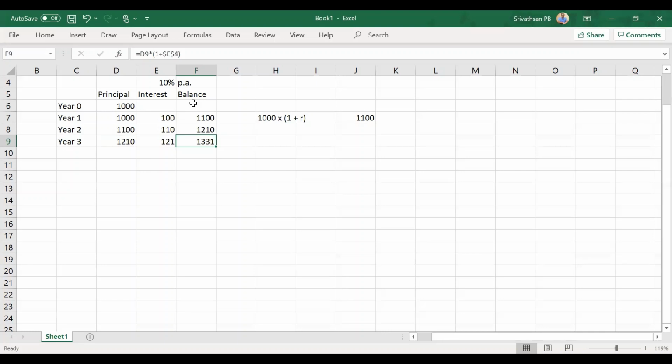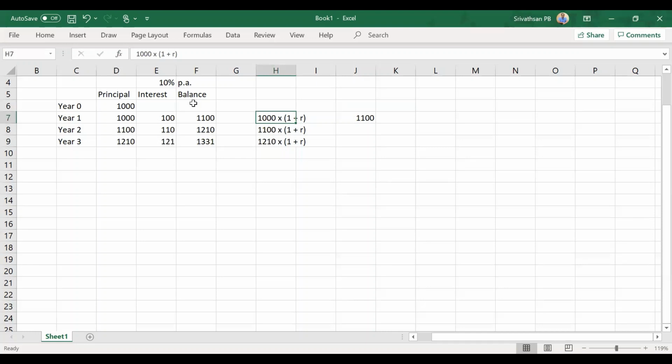Now after 3 years you have 1331. What have we done? 1,100 into 1 plus R. Next year 1210 into 1 plus R.